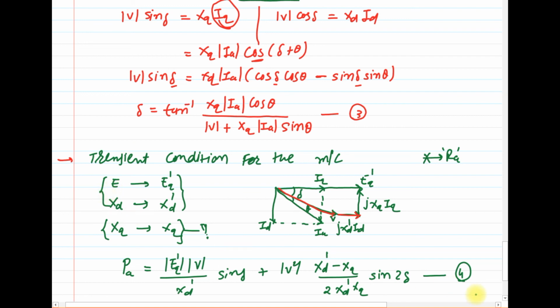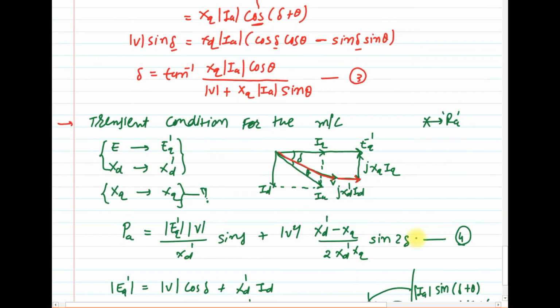And we know very well, if the machine is transformed from the steady state to transient condition, then the generated voltage E will become EQ dash or E dash, XD will become the XD dash, and the XQ will remain as XQ. That you will need to find out by yourself. Why? The quadrature axis reactance will remain as it is under both the operating conditions, that means the steady state condition and the transient condition.